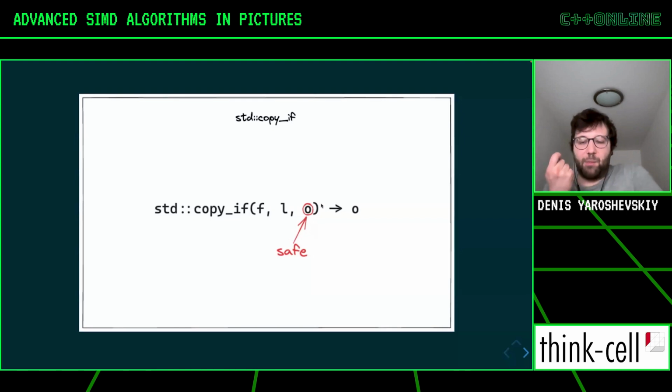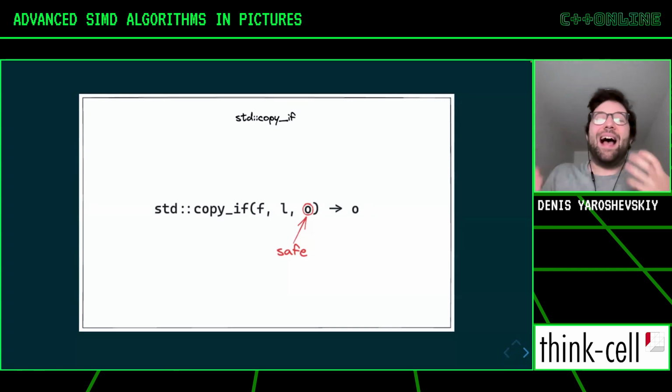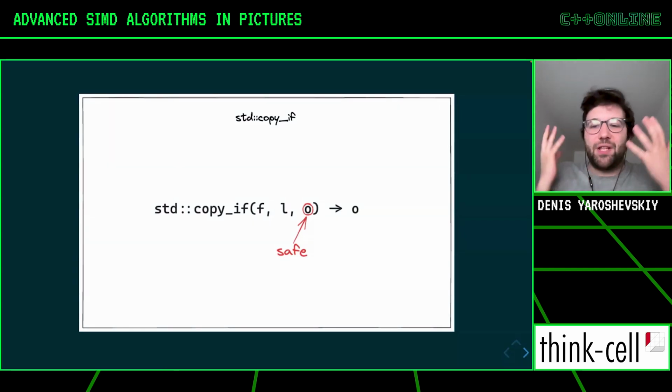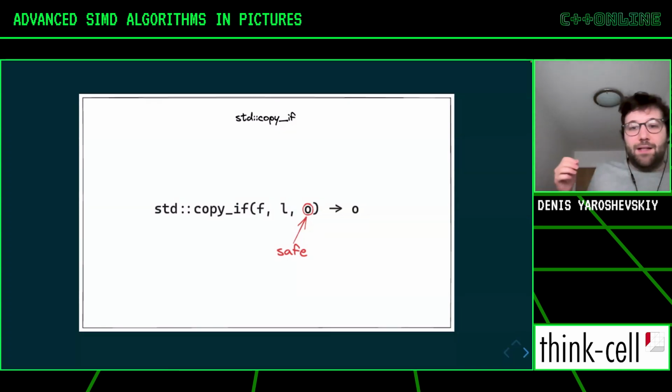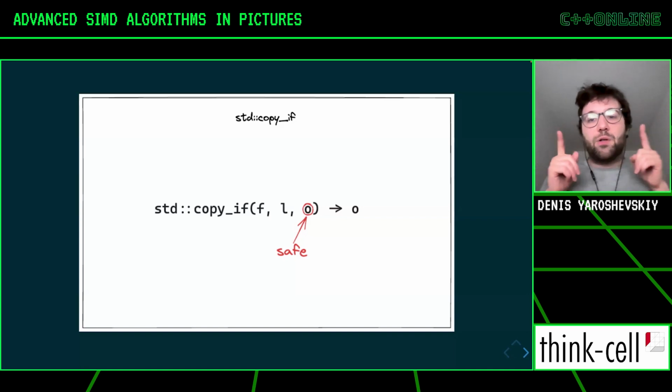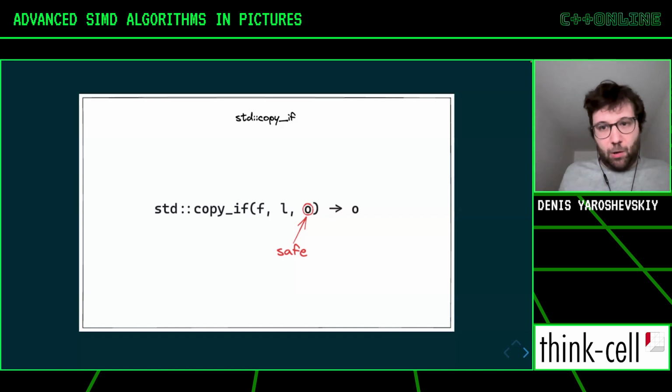Because think about it, you have 1 million elements, and you have 2 elements in the output, right? And it means that you can never use unsafe copy because I don't know how many elements you would have in the output, right? So it means that you would have to use safe, and it practically will kill the whole performance of the thing.